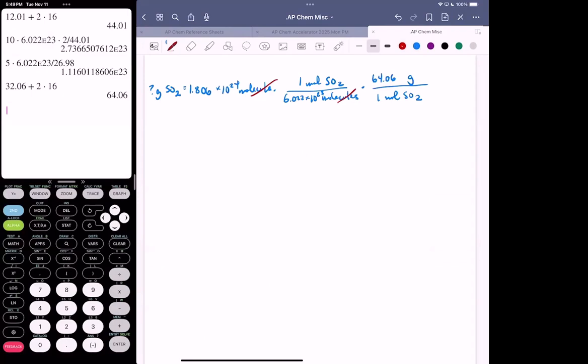Again, I'm going to multiply the numerators: 1.806 times 10 to the 24 times 64.06 divided by 6.022 times 10 to the 23rd. And I get, looks like 4 sig figs here, so it's 192.1 grams of SO2.